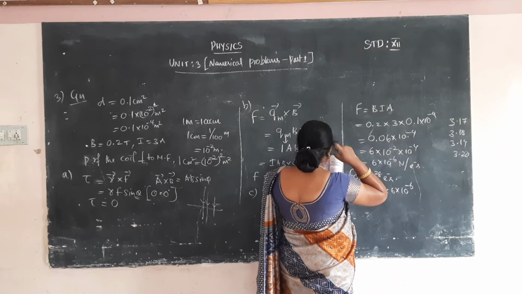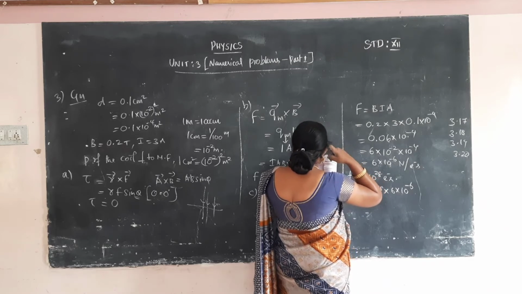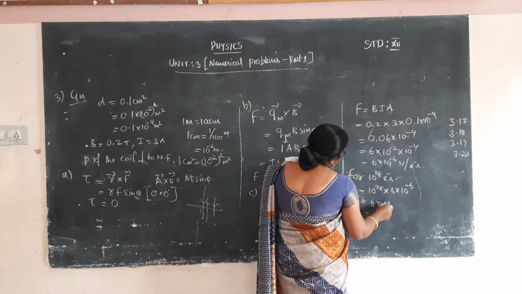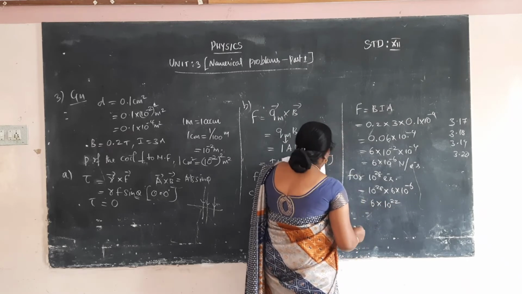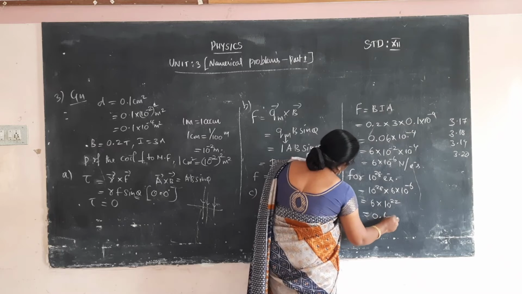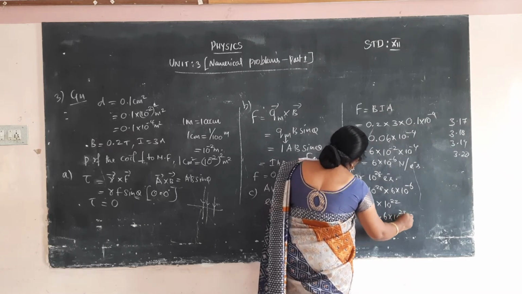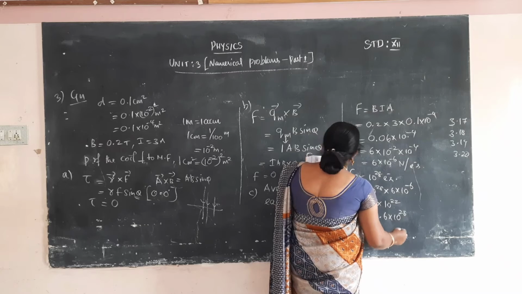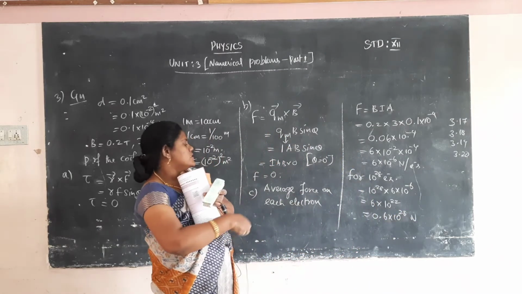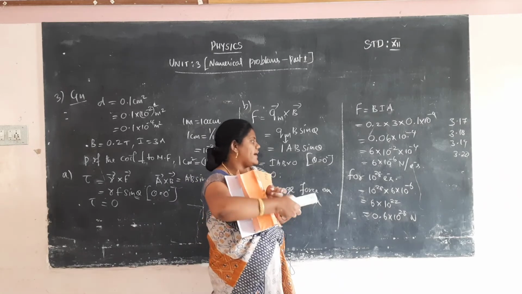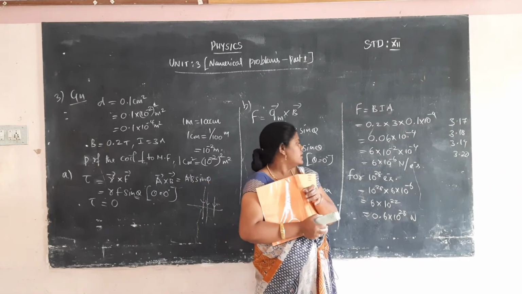The given value is 6 into 10 power 22, but our book has 0.6 into 10 power 23 Newton. For 10 power 28 electrons, multiply by 10 power 28.